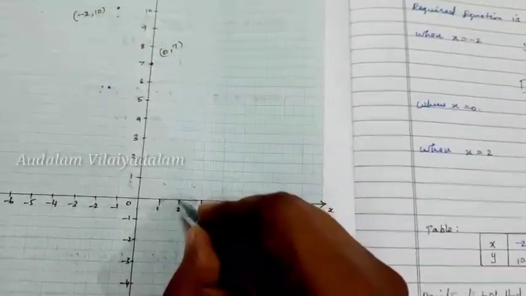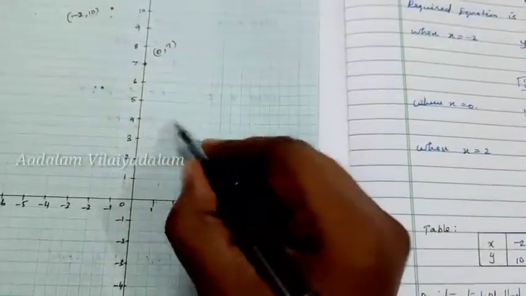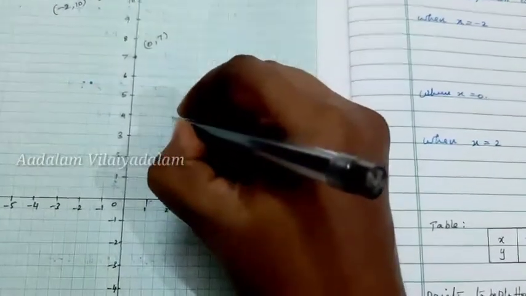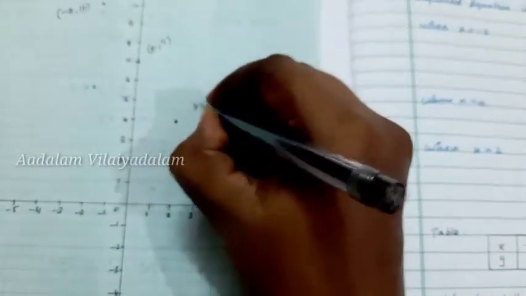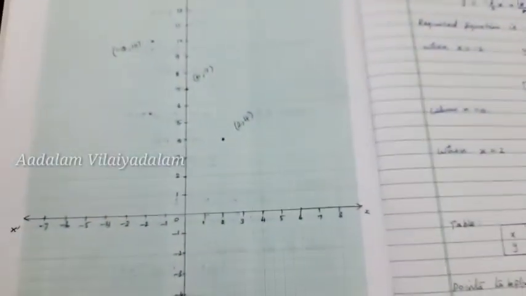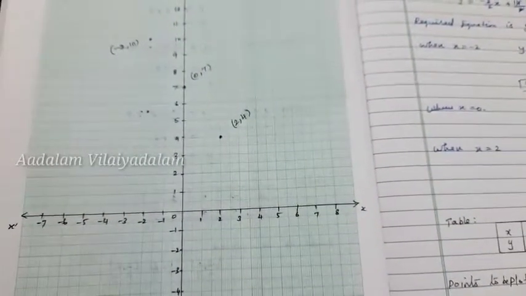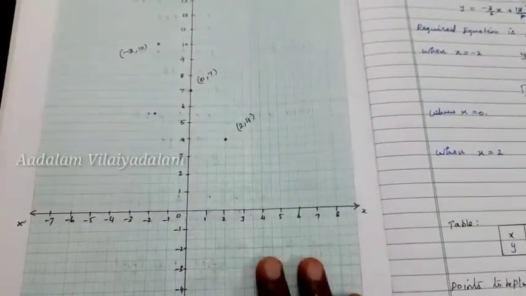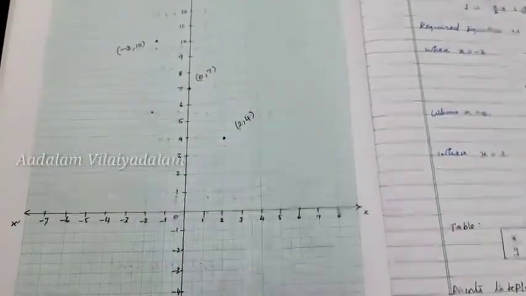Plus 2 will be here and the 4 will be lying on the y axis. Then the meeting of 2 and 4 is this point. So students, here I use a black pen in the graph sheet, but kindly use a pencil to draw the graph.